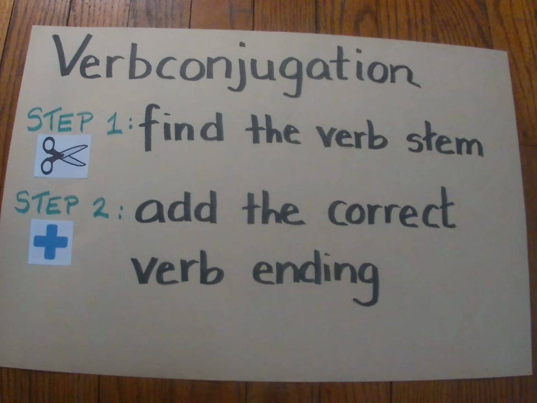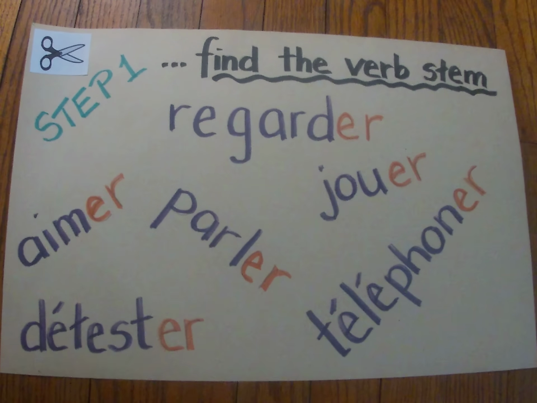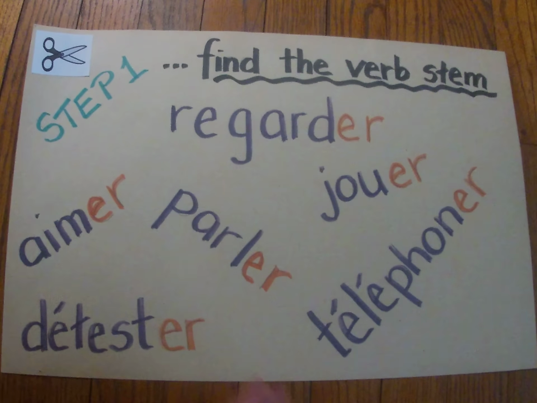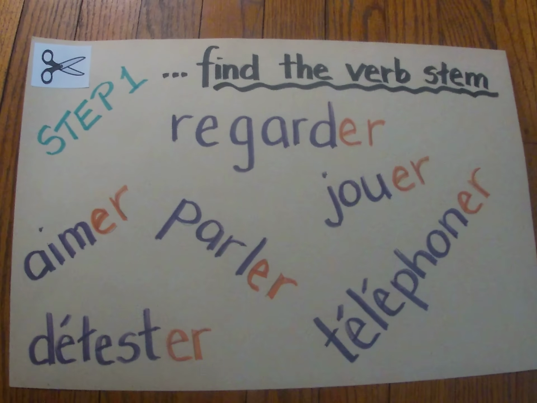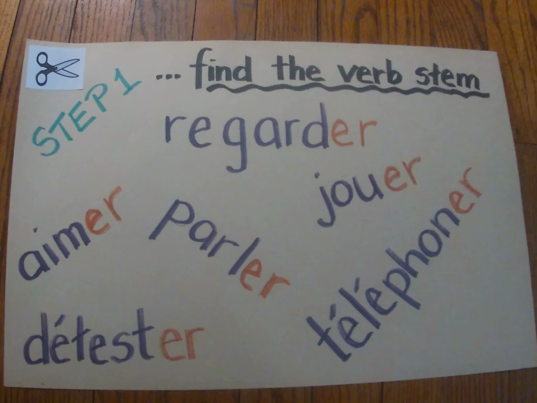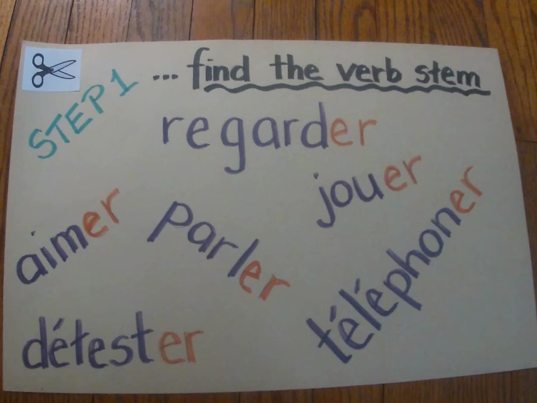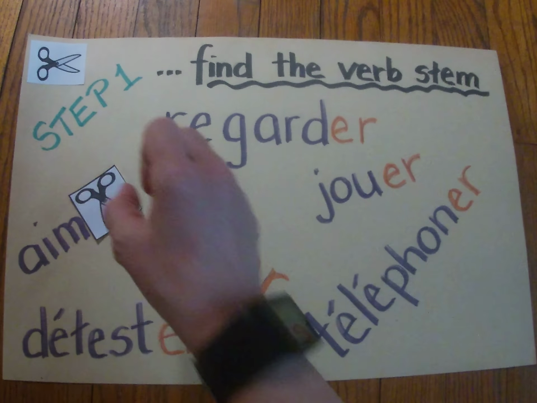Here is step one. Again, I have all the different verbs that you have learned and that we looked at before. We have regarder, aimer, parler, jouer, téléphoner, and détester. And we need to find the verb stem. This is relatively simple. On a regular ER verb, all you need to do is to take off the ER to get your verb stem.